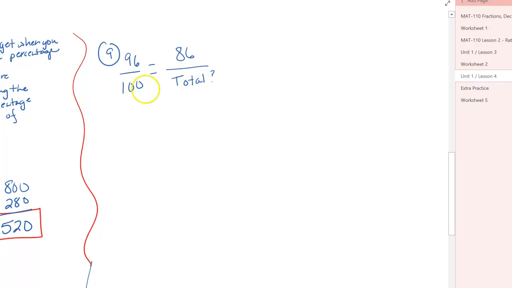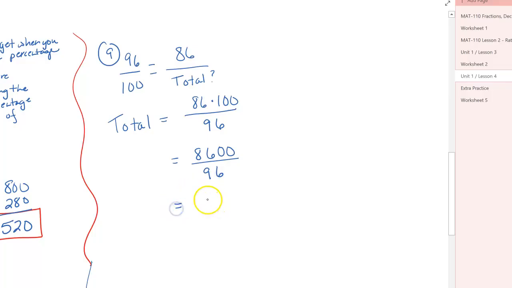So now I'm going to multiply the two numbers across from each other to solve this percent proportion. So my total is going to be 86 times 100, and then I'm going to divide that by what's across from our unknown, which is 96.